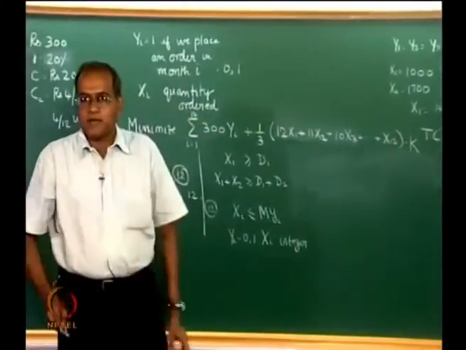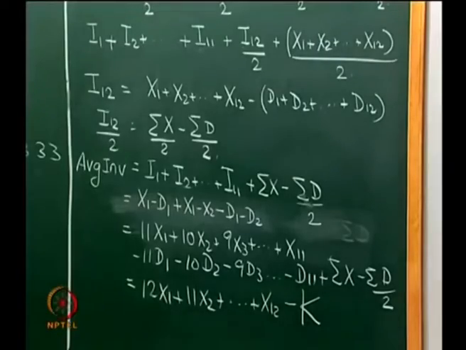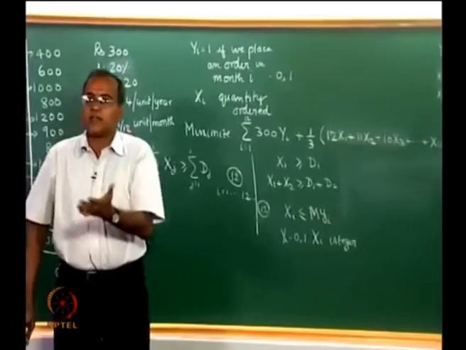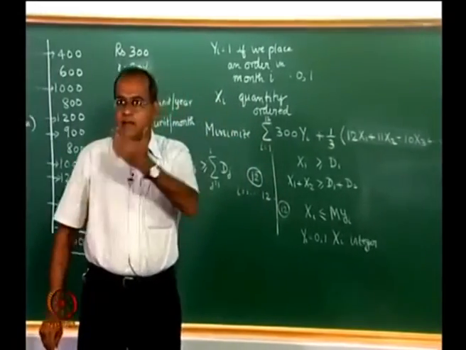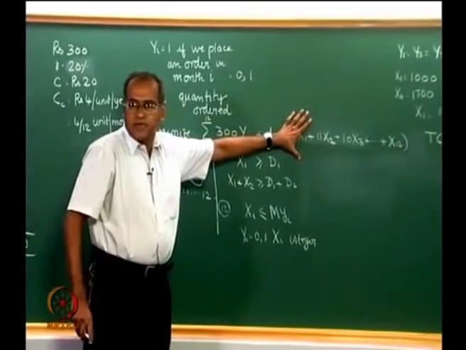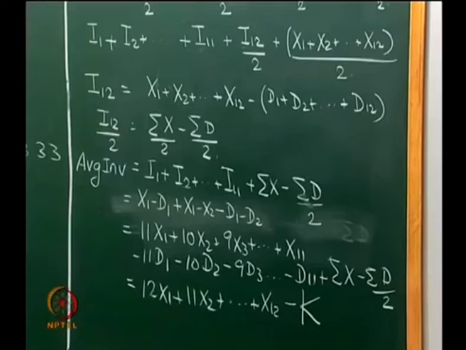Based on the same idea, we can remove this constant and solve it. So as far as the optimization is concerned, even when we look at average inventory, which is taken as beginning inventory plus ending inventory divided by 2, we get the same optimization problem, except that the constant we are subtracting is slightly different.